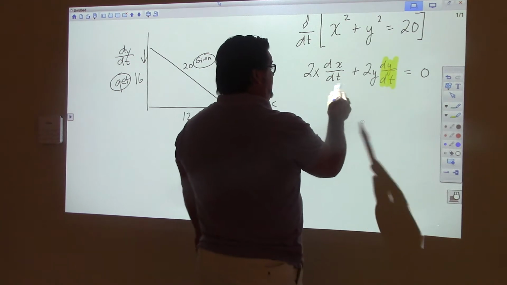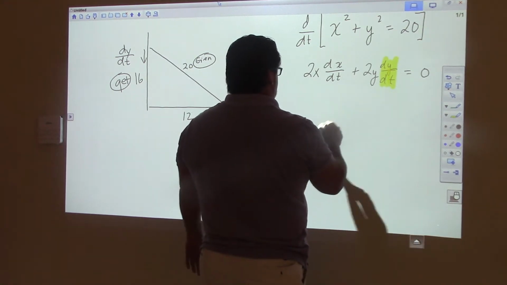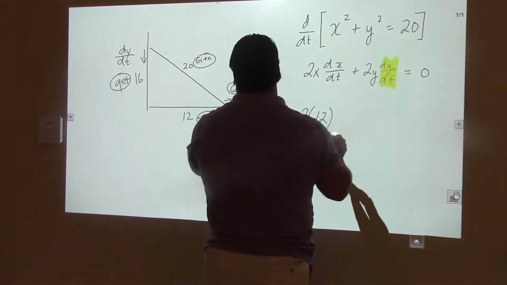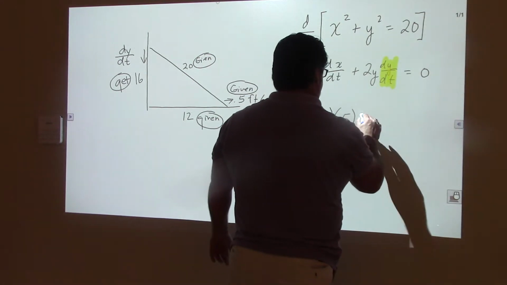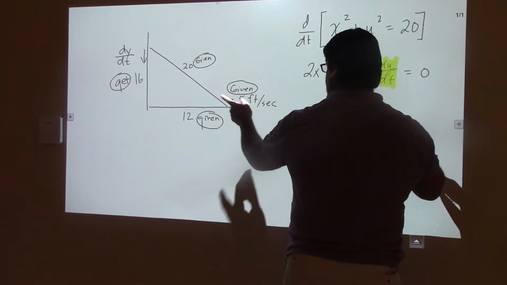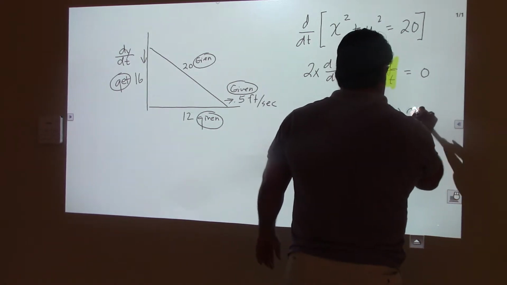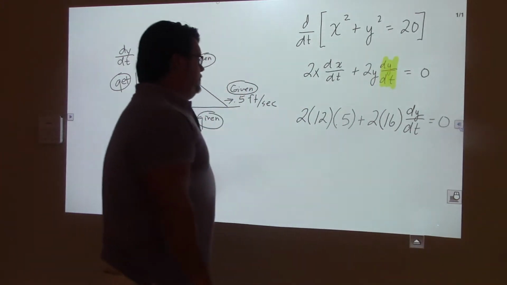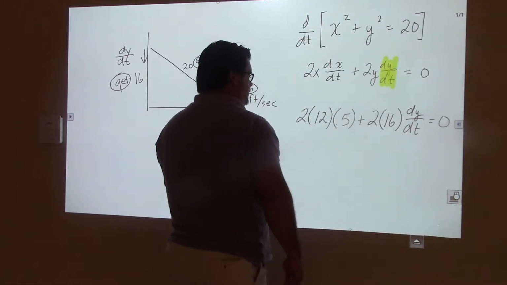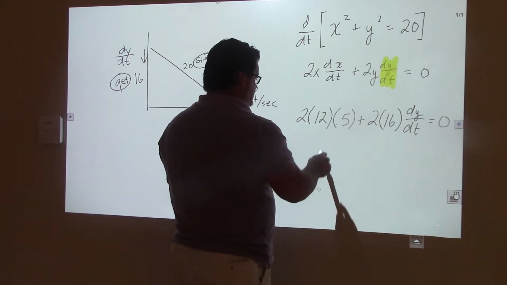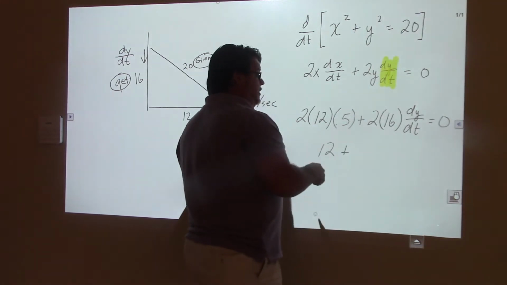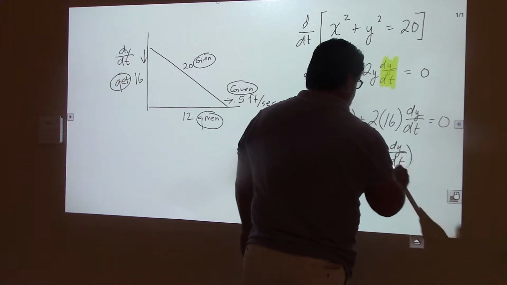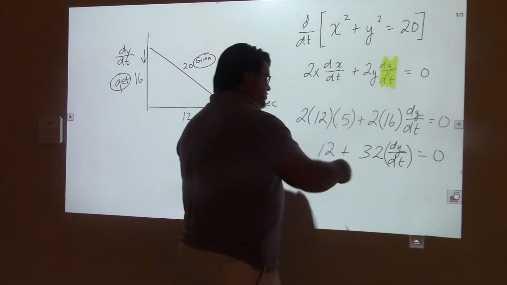So, now you can simplify this, but I'm not going to. I'm just going to write it out. 2 times 12 times dx/dt, which is 0.5, plus 2 times 16 times dy/dt is equal to 0. What's half of 12? 2 times 6? And no, you don't need a calculator for this. Then I'll take the 12 across.